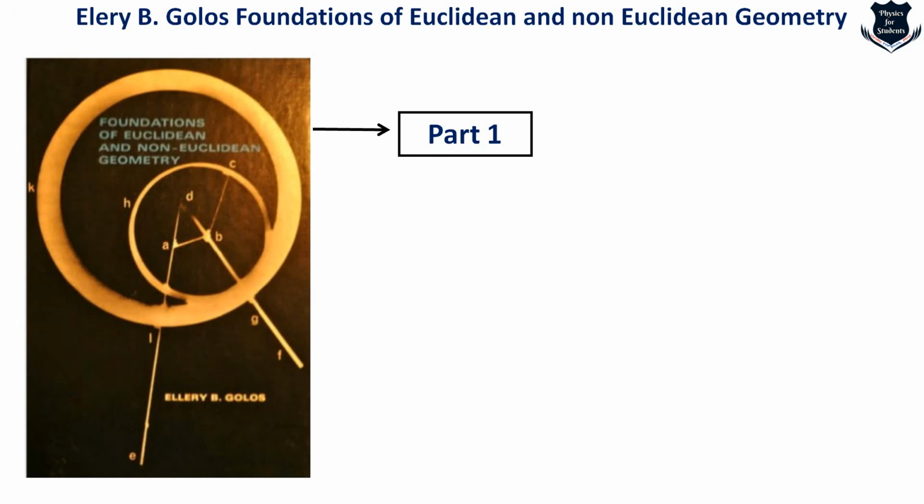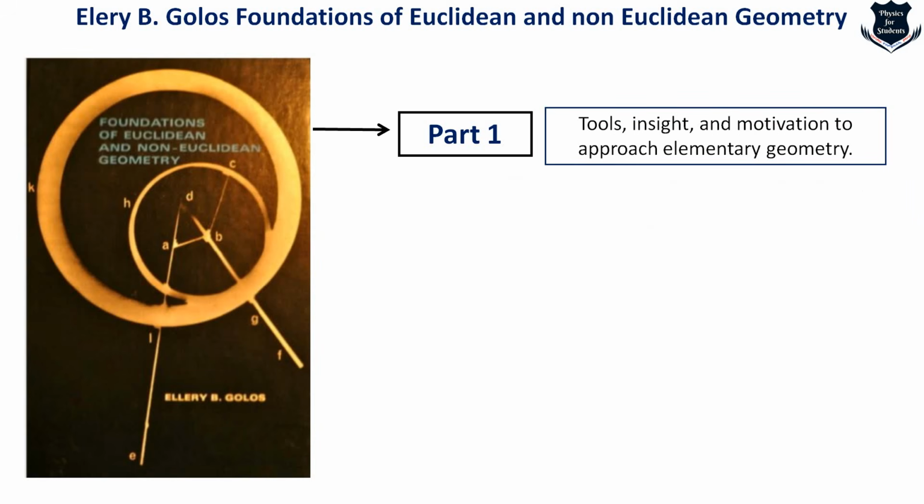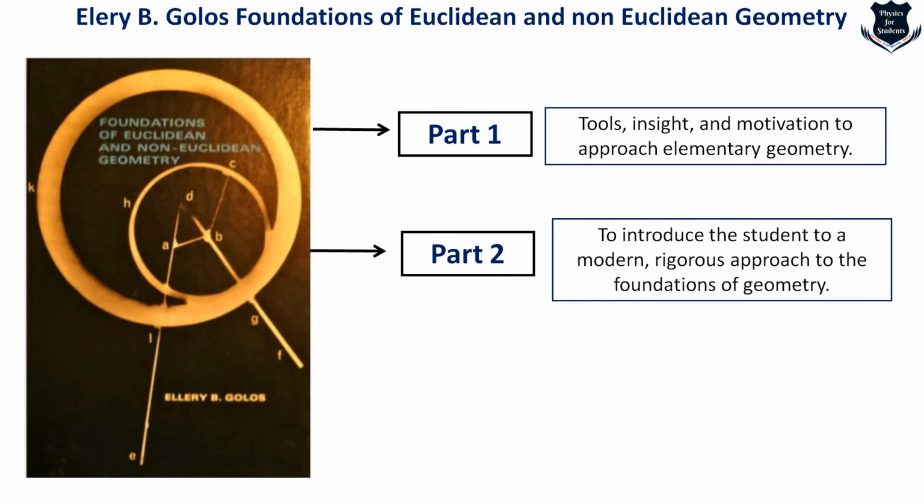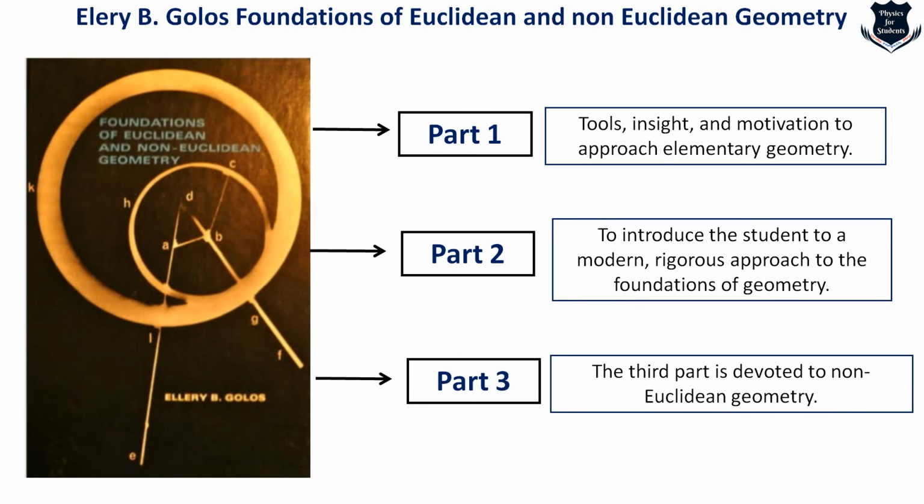This book is arranged in three parts. The first part is basically tools, insights and motivations for elementary geometry. The second part is how the author introduces the rigorous mathematical approach to understanding geometry, and the third part is basically a detour from Euclidean to non-Euclidean geometry.